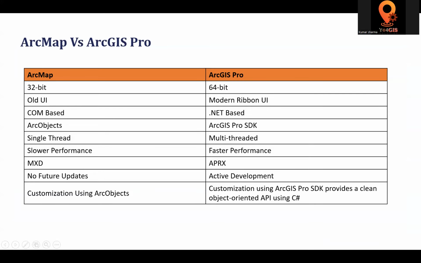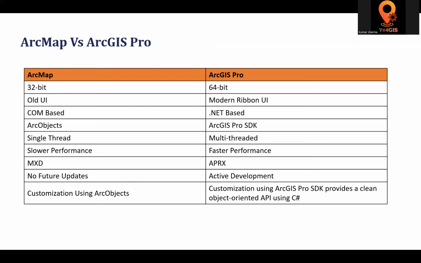So ArcMap and ArcGIS Pro, I just want to give you a small comparison. ArcGIS desktop is developed for 32-bit machines, and ArcGIS Pro is developed for 64-bit machines. As you know, whatever new laptop, new desktop we are using, these are all equipped with 64-bit.